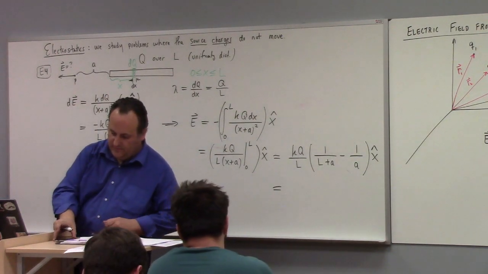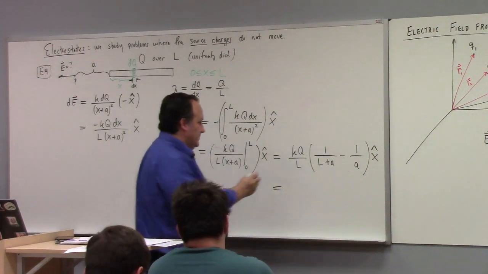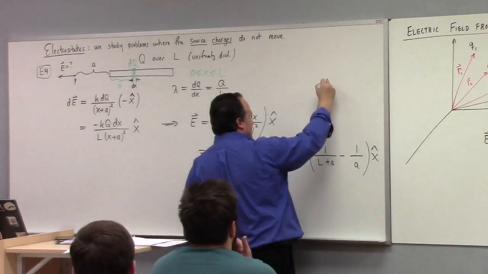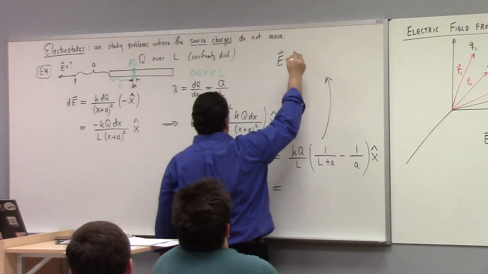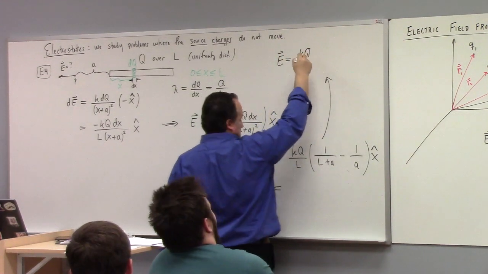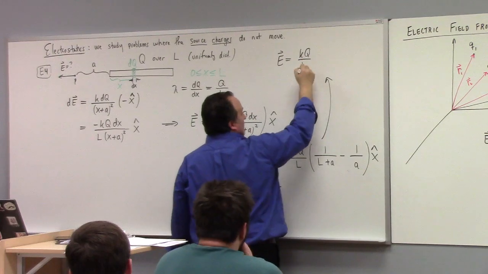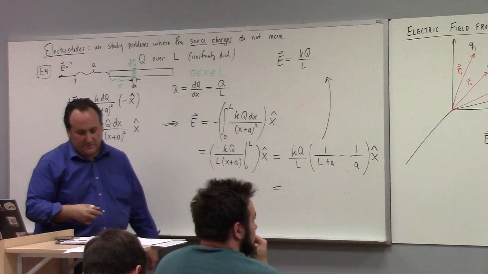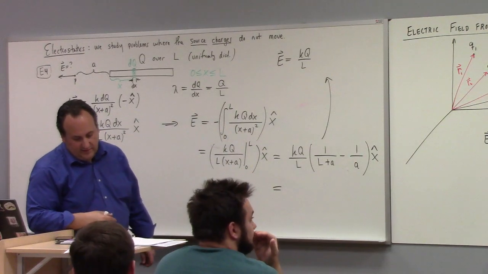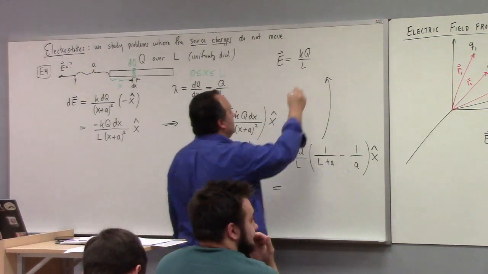And finally, finishing move here, I'm going to put it up here if you guys don't mind. So the electric field is kQ over L. If we simplify that by algebra, make a common denominator, what does it give us? It gives us minus kQ over a times (a plus L).